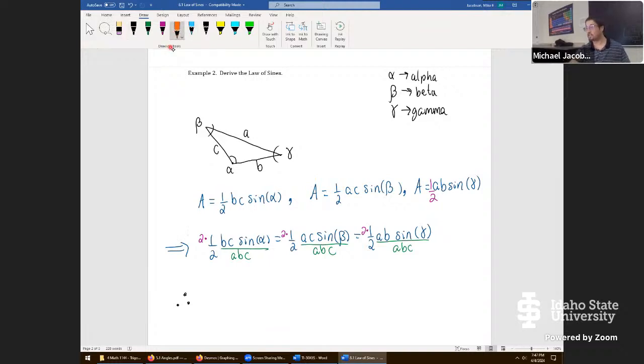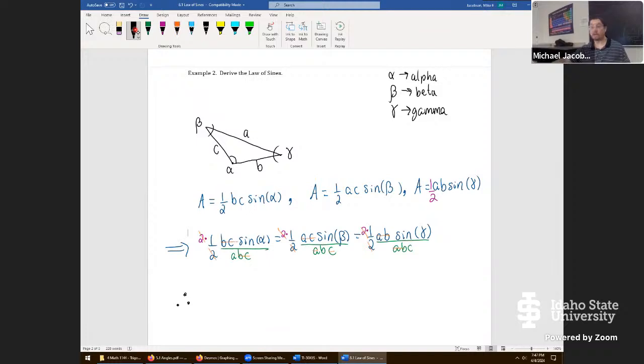We're ready to give a conclusion, and that conclusion is the law of sines. First, let's show the cancellations. These two are just going to completely annihilate. On the left-hand side of the equation, BC's are gone. On the middle side of the equation, A and C are gone. And the right-hand side of the equation, A and B are gone.